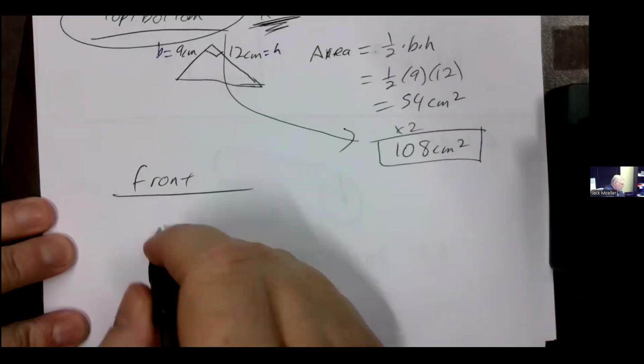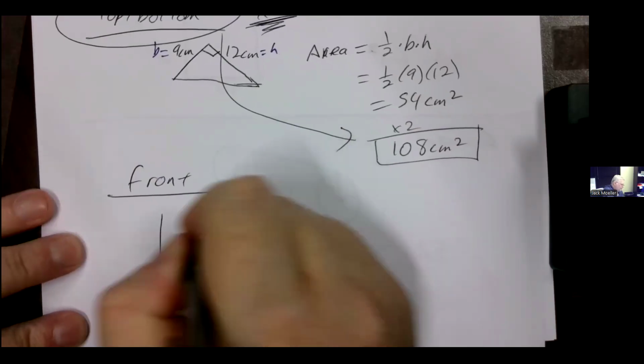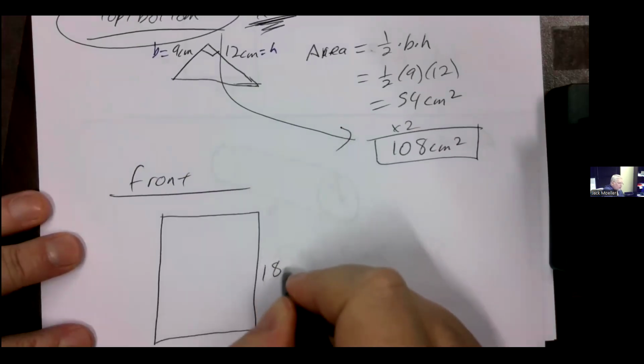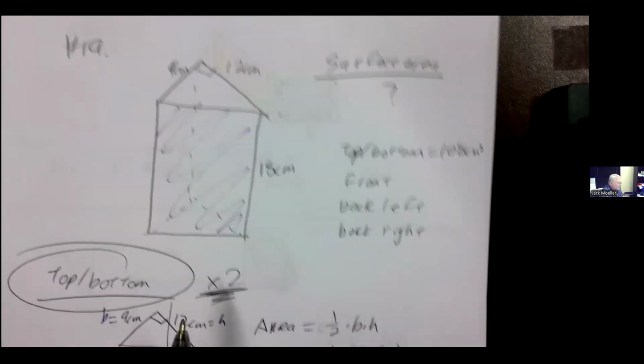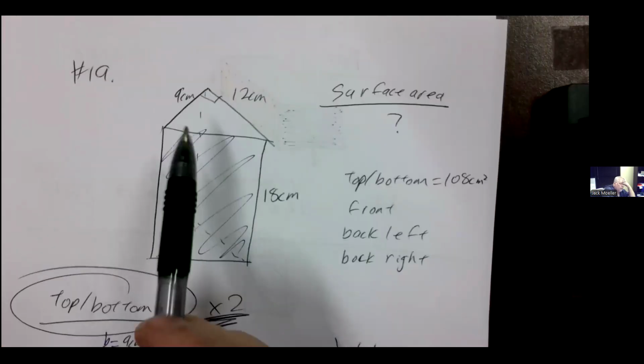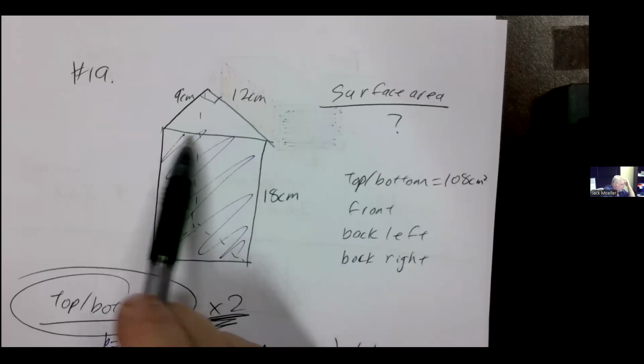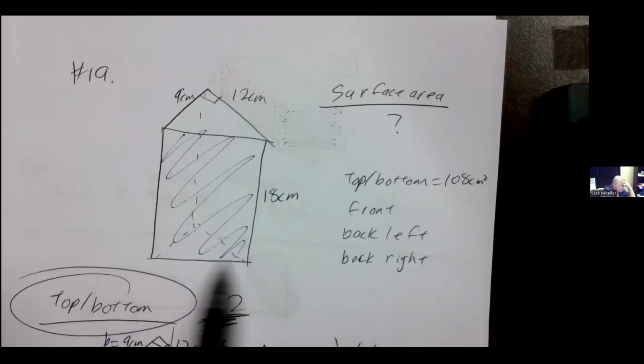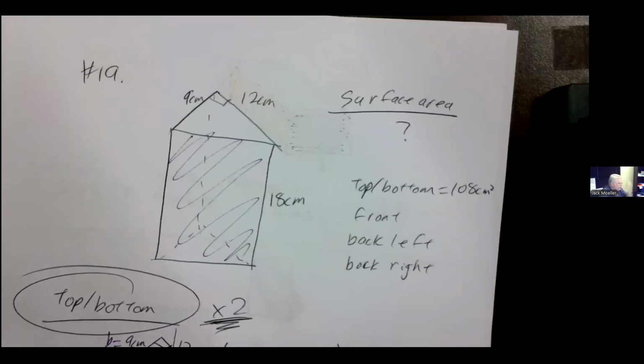So what do we know about the front? Well, we know that's 18 centimeters. Do we know the width? Okay. So if we come up here, the width has not been given. So how do we find the width?